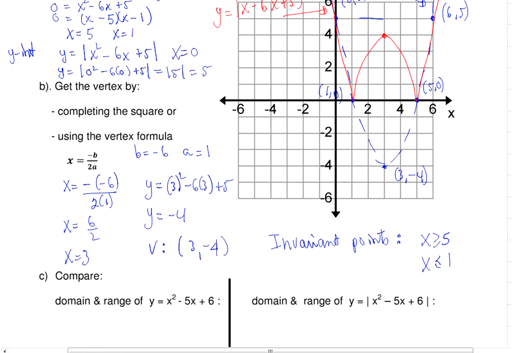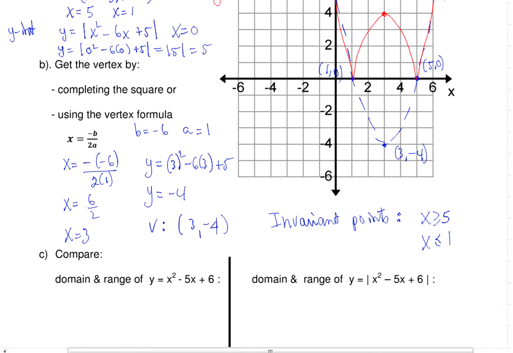All right, let's take a look at our domain and range for both functions. For the blue parabola, that's our original related function, the domain is all reals, and our range, if you take a look, our bottommost point is where y is negative 4, so everything above that, so y is greater than or equal to negative 4.